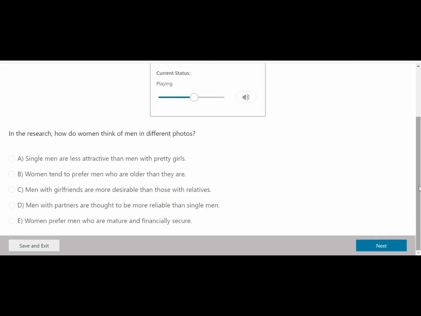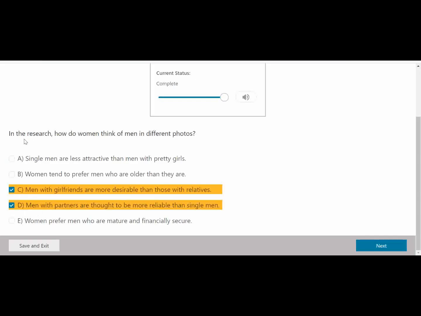And the subjects rated the men with the girlfriends as more desirable than the men shown with partners described as being exes or relatives. The second study group of 97 students were shown average-looking men with an attractive woman who was described as definitely a girlfriend. And again, the women rated the men with the good-looking gals as more desirable than the single guys. Plus, the attached men were thought more likely to be more intelligent, trustworthy, humorous, wealthy, and attentive.